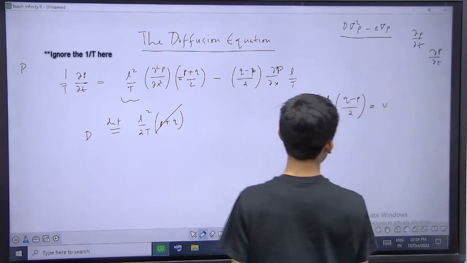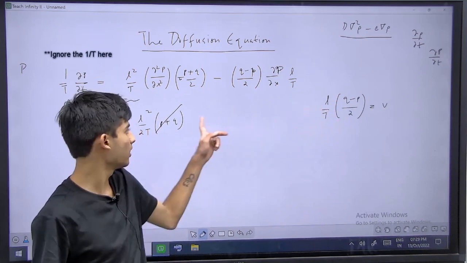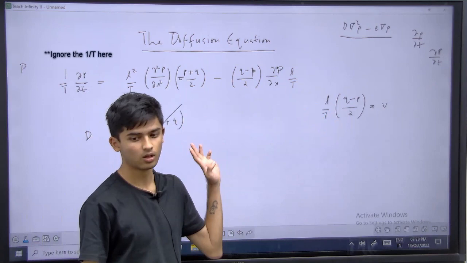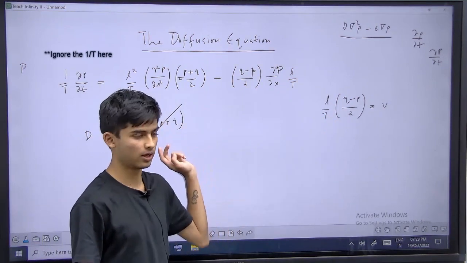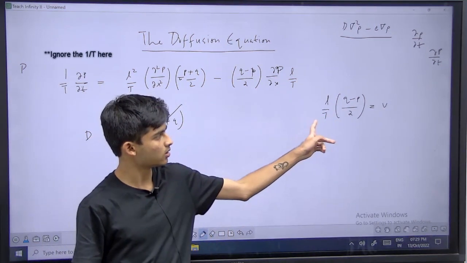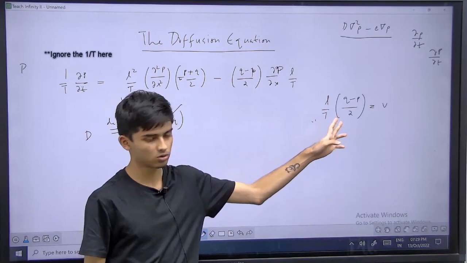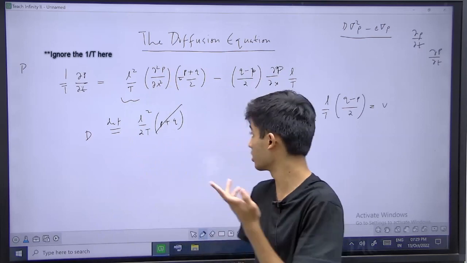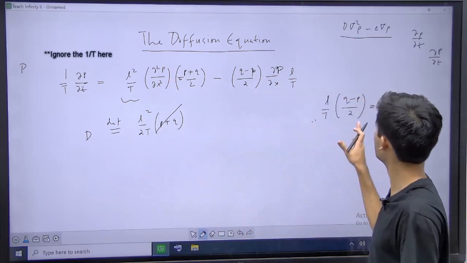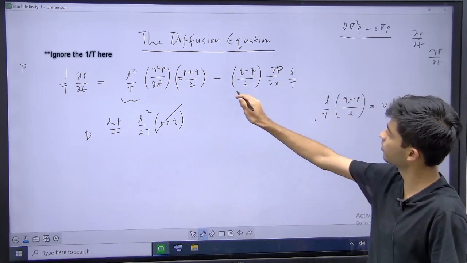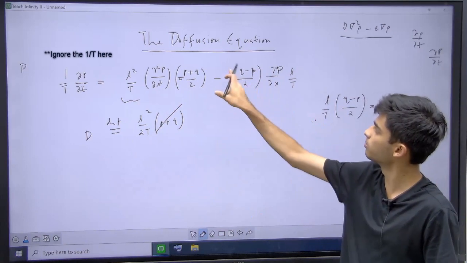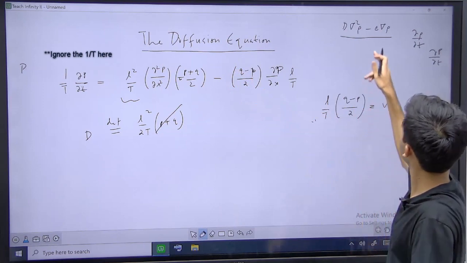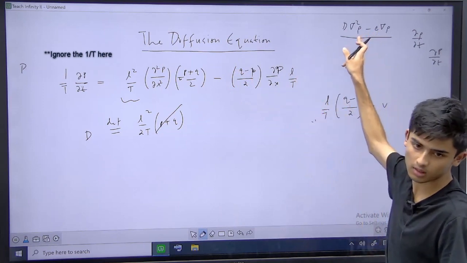And what you should notice is that when Q minus P is 0, that is when it is an unbiased random walk, when it is equally probable that the particle moves to the right or to the left, this v is 0, so it corresponds to no external velocity field, if you will. The reason why I wrote (P minus Q)/2 as minus times this is because I wanted it to resemble that.